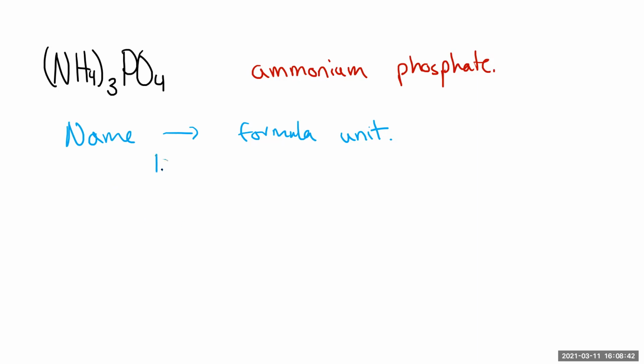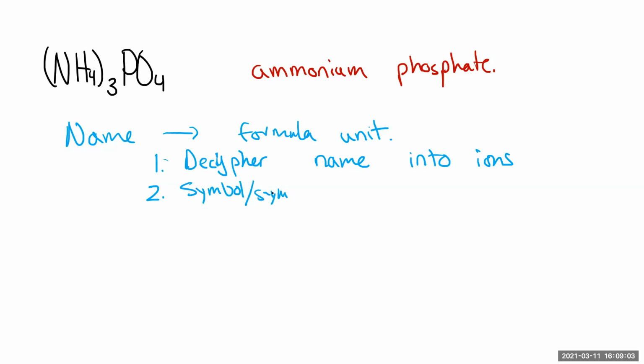So you need to, one, be able to decipher the name into ions. And you need to then know what symbol or symbols, if it's a polyatomic ion, correspond to that name and what charge that ion has.